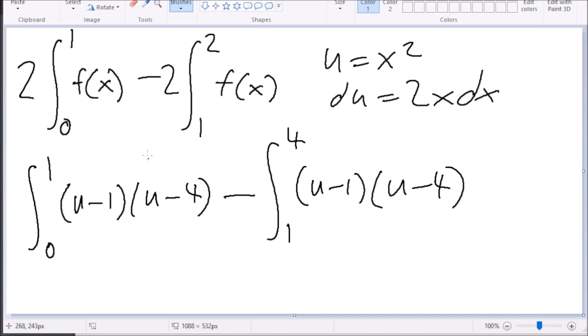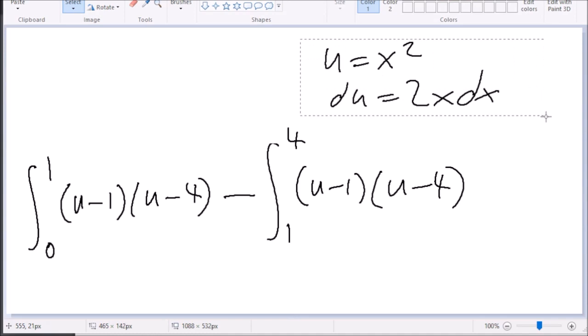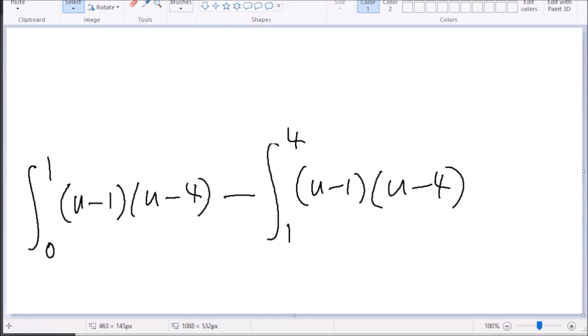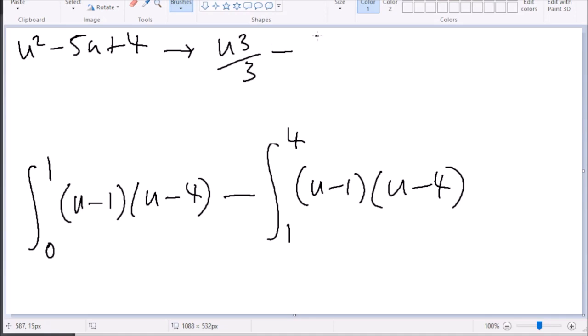We already know the antiderivative, if you remember it. The factor expands to u squared minus 5u plus 4, and the antiderivative is u cubed over 3 minus 5 over 2 u squared plus 4u.